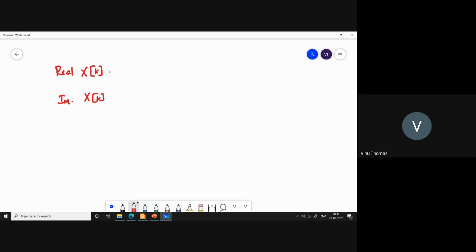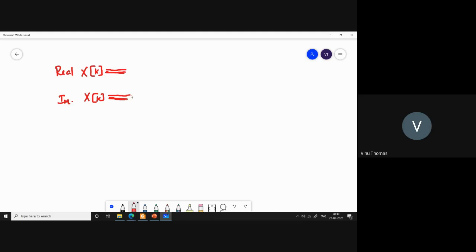I will represent each as a single line, in fact a dash having n lines. So x0 to x of n minus 1: the real part of x of 0 to real part of x of n minus 1, and here the imaginary part of x of 0 to imaginary part of x of n minus 1.